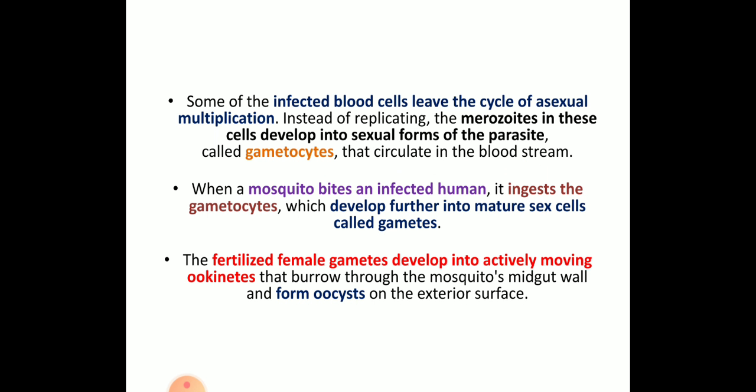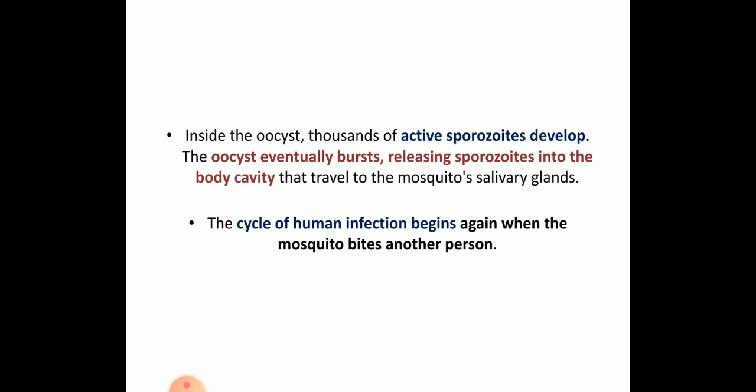When a mosquito bites the infected man, the ingested gametocytes develop into mature sex cells called gametes. The gametes are fertilized and develop into actively moving ookinetes, and they form oocysts.